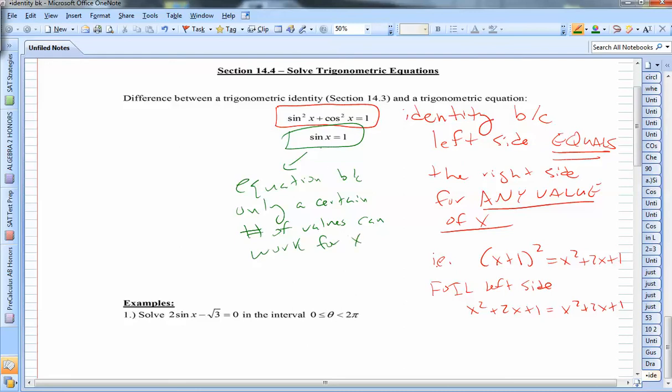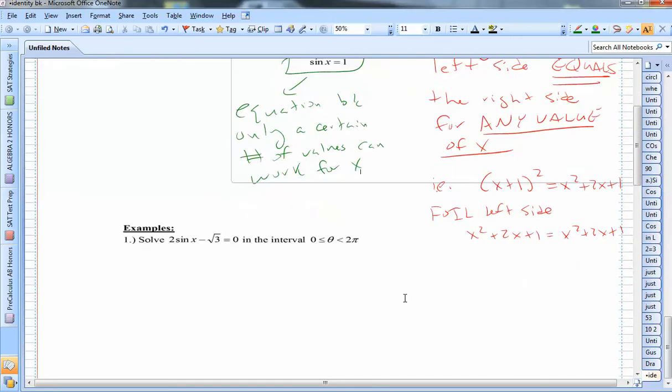So not anything could work to make sin x equal to 1. So in 14.3, we're verifying identities. Here in 14.4, we're solving equations. However, we'll still wind up using the identities we learned in 14.3 to help us solve the examples we see below.